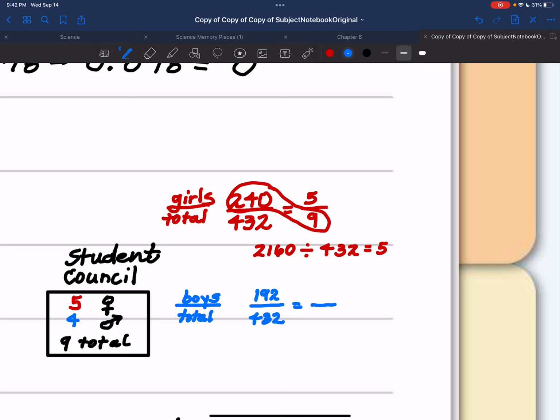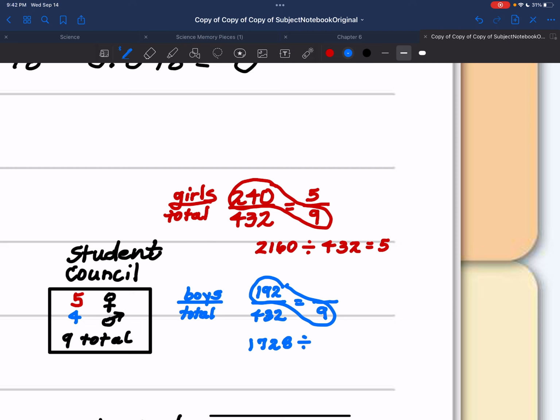And of the 9 people on the council, we already know it's 4, but let's see why it's 4. 192 times 9 is 1728. And 1728 divided by 432 is 4. So 4 boys, 5 girls, that's the 9 on the council.